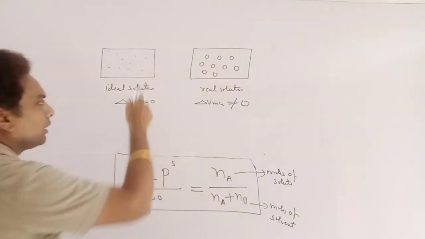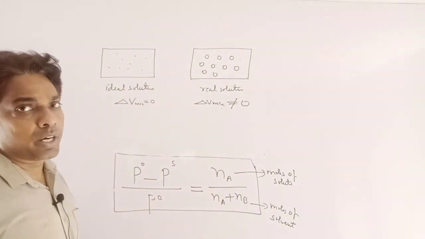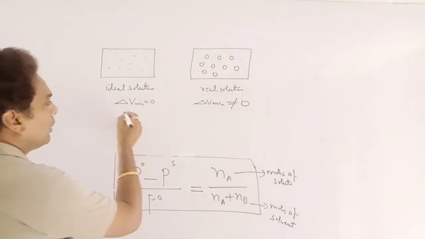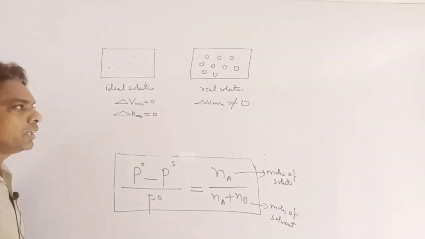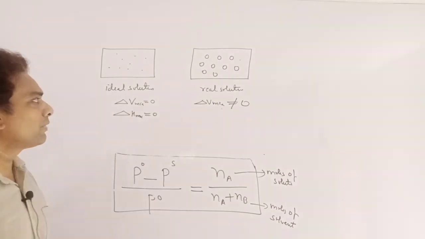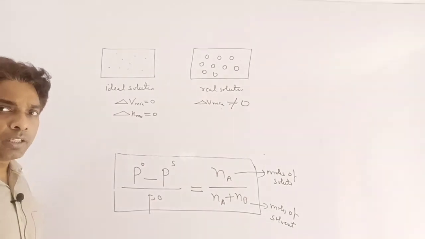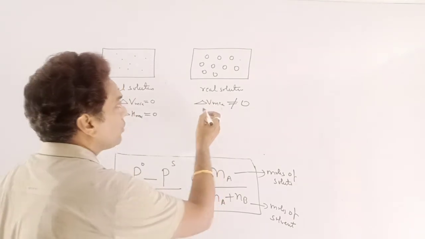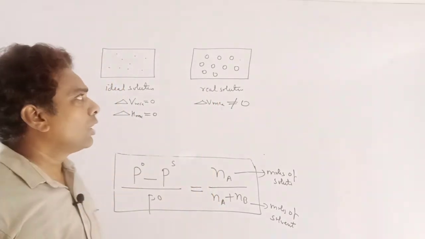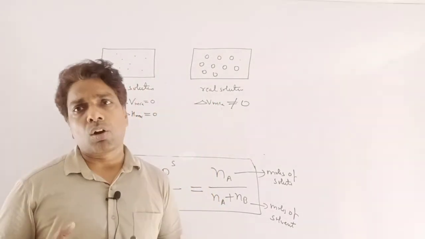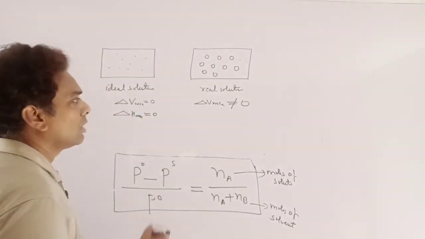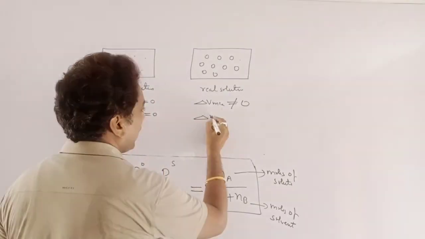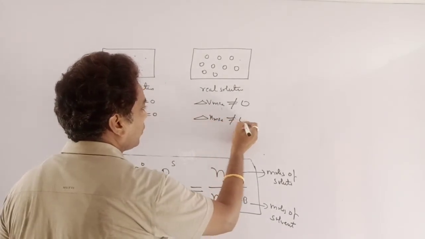Similarly, in an ideal solution, cohesive or adhesive attraction will be negligible, so delta H mixing will be 0. The enthalpy before mixing and after mixing will be the same, but in the case of a real solution, due to the particle size, collision with each other or with the solvent particles, some energy will be lost. So here delta H mixing is not equal to 0.